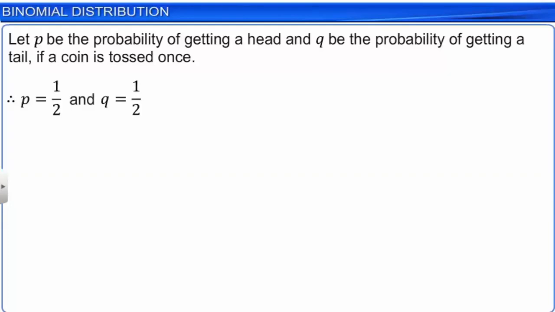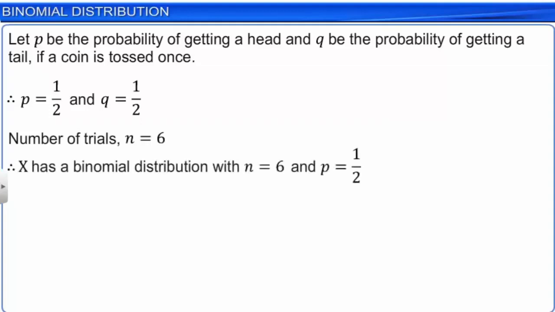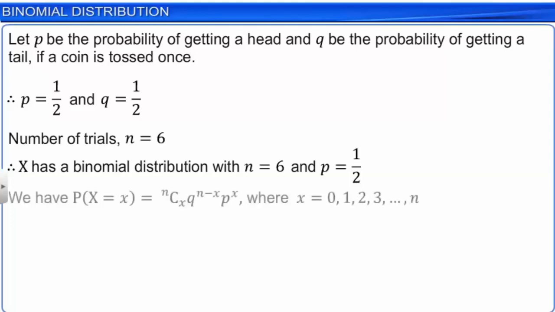Since the coin is tossed 6 times, the number of trials is equal to 6. Therefore, X has a binomial distribution with n equal to 6 and P equal to 1/2. The probability that X is equal to x is given by the formula here.